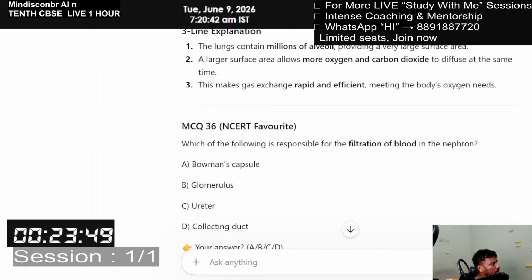Which of the following is responsible for the filtration of blood in the nephrons? Filtration occurs by glomerulus.